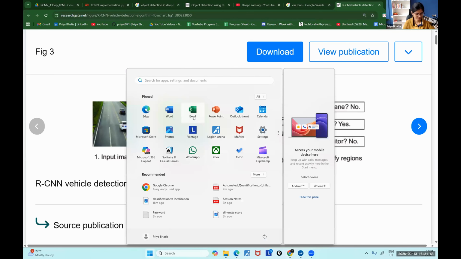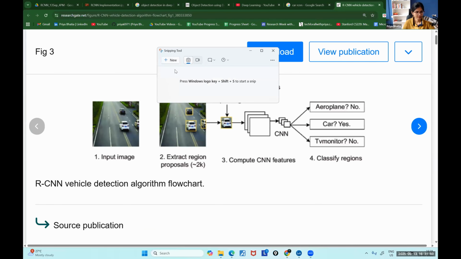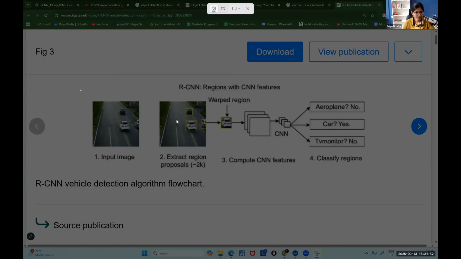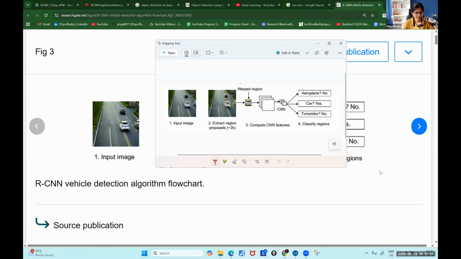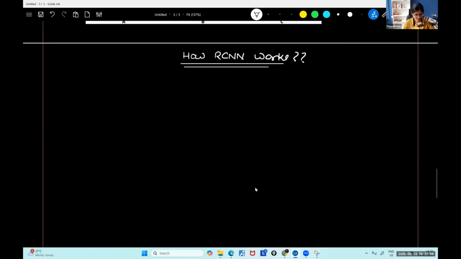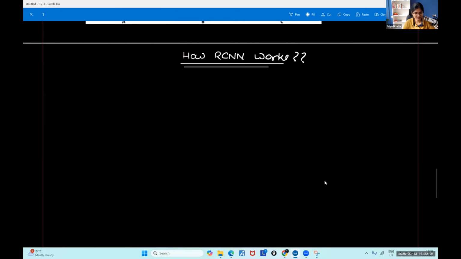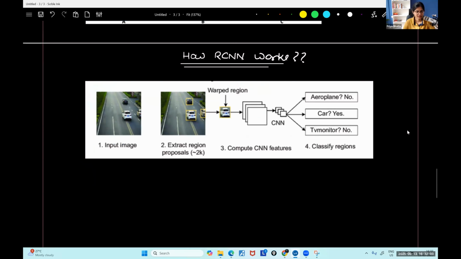Yep, this is good. So this is the entire pipeline with which it is basically used to detect the car and its bounding box.